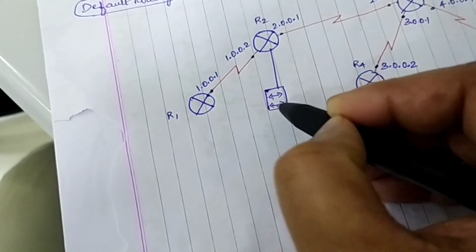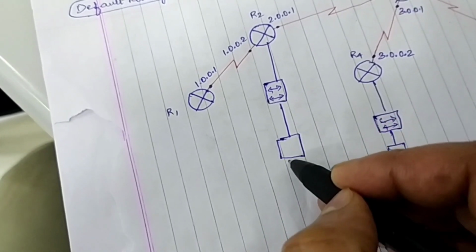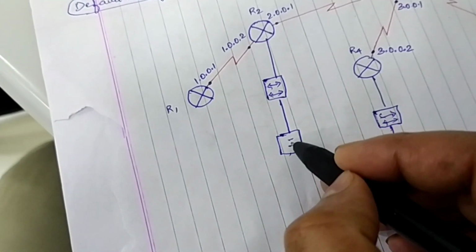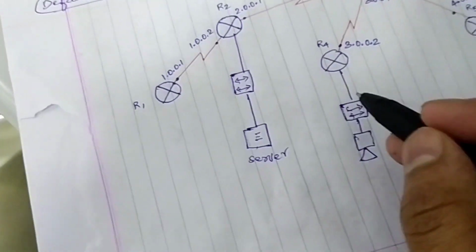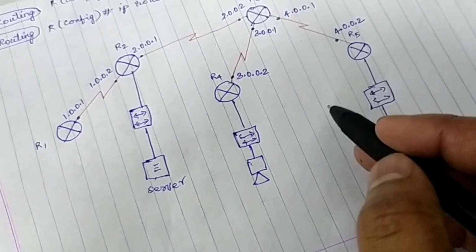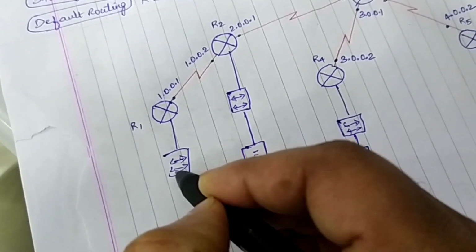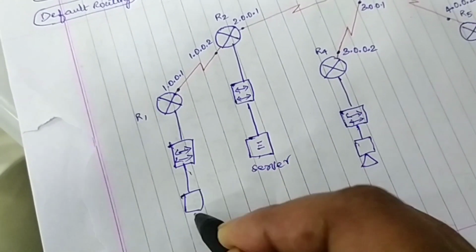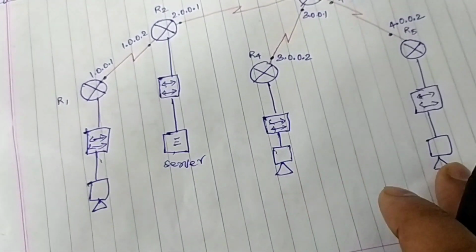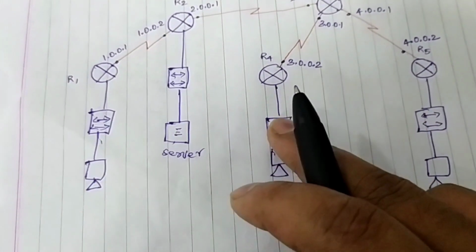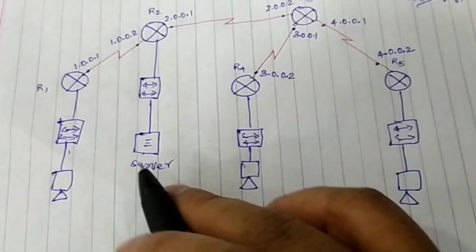Network means it is connected with a switch and a PC or a server. Suppose here a server is connected; this is one network, this is one network, and so on. So here also we have a network, that is, a switch and an end device. End device means PC, server, laptop. If that is not there, then it is not considered a network. If this is connected, then only this is a network.